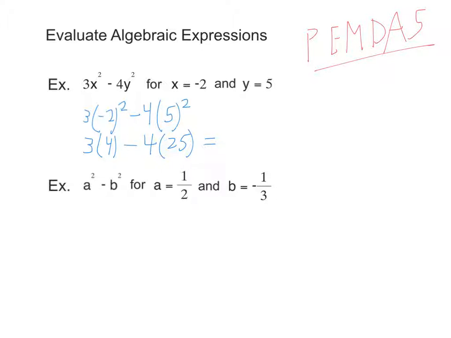Next thing in order of operations is multiplication and division. I have 2 multiplications. 12 minus 100. And finally, to finish it, I have negative 88.